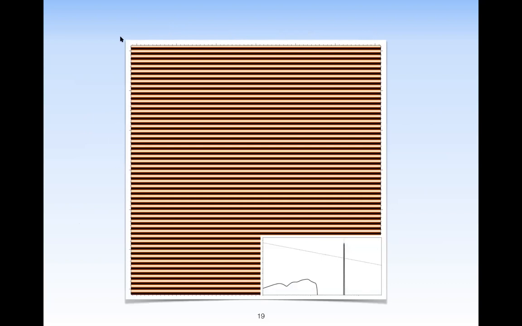So here in the background, this is my domain. This is X and this is Y. Here I'm plotting the vorticity. We see that the vorticity has no dependence on Y, but it depends periodically on X, and it's positive, negative, positive, etc. Then here on the bottom right, what I have is the kinetic energy power spectrum on a log-log scale.